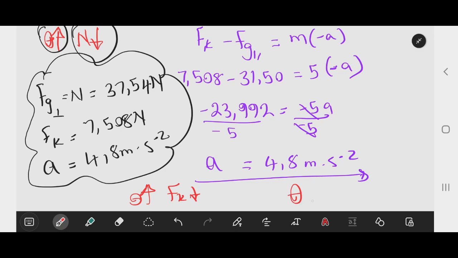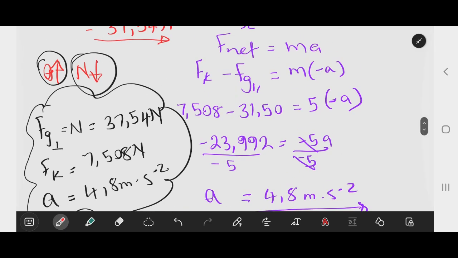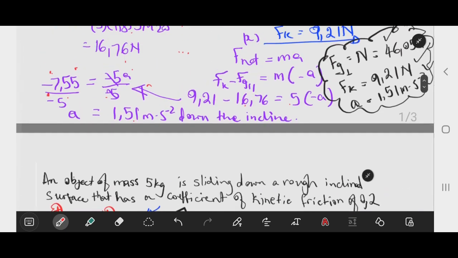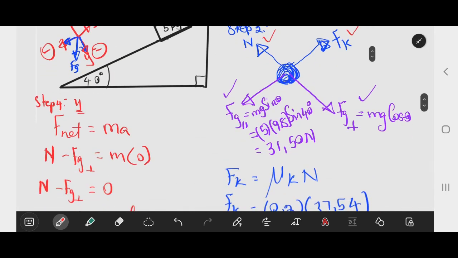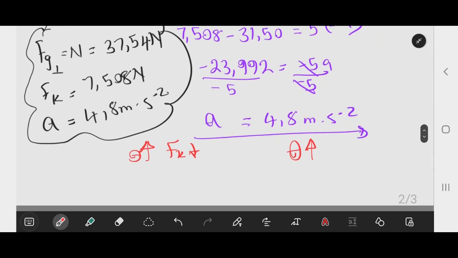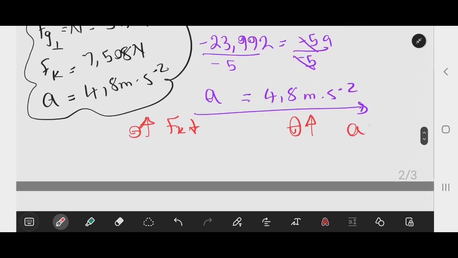When you increase the angle of inclination, you can see that when it was 20, you obtained 1.51, right? But when it was 40, you obtained 4.8. So the acceleration actually increased, okay? So those are the effects of increasing the angle of inclination. And when you decrease the angle of inclination, the opposite would be true, okay?